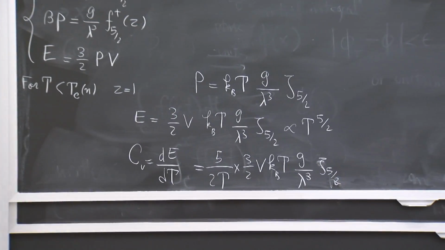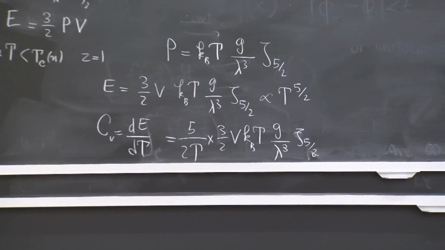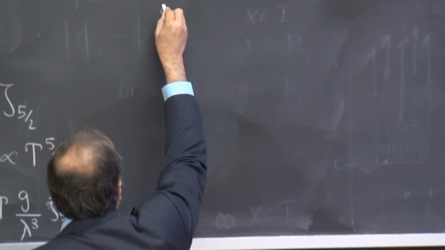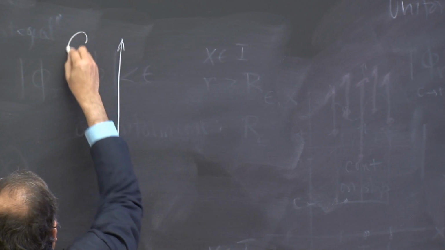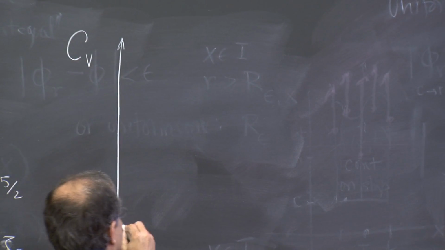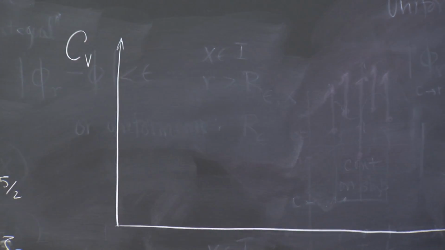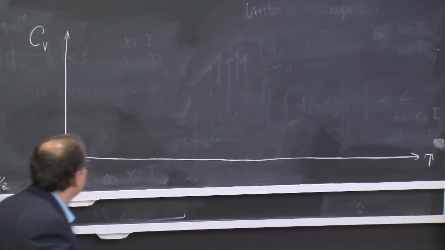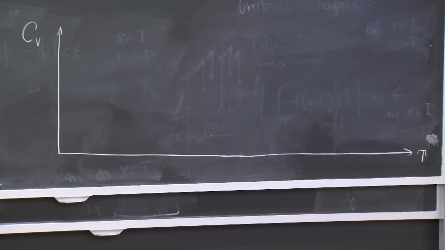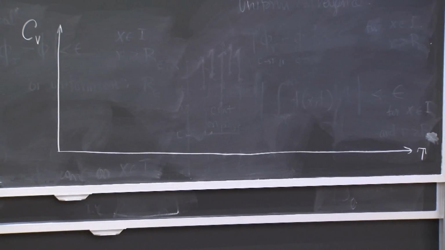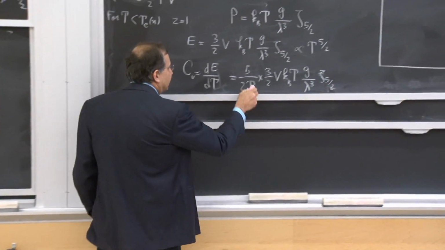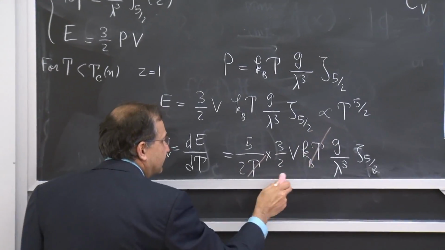And there is a reason that I write it in this fashion. So what you would say is that if I were to plot the heat capacity at constant volume as a function of temperature, well, its natural units are of the order of kB. You can see that this T and this T I can cancel out.